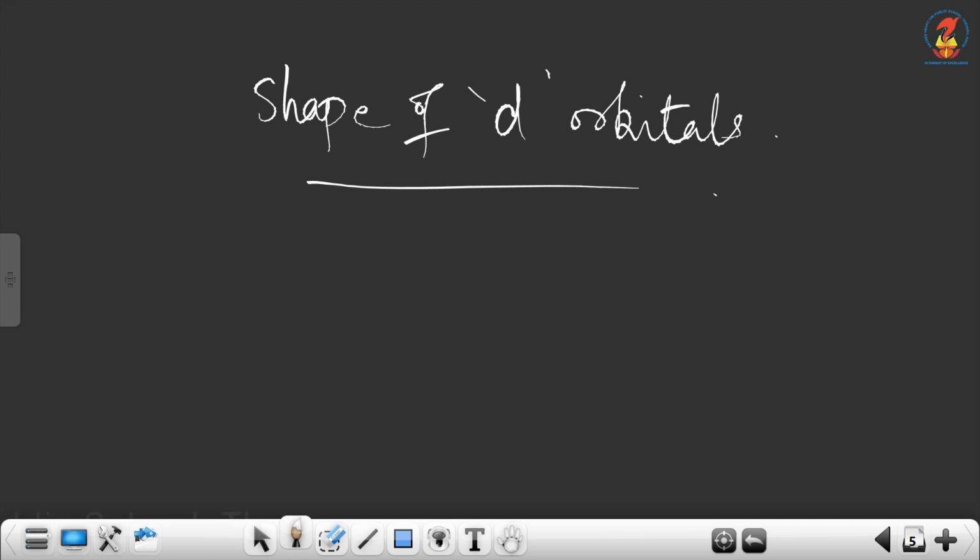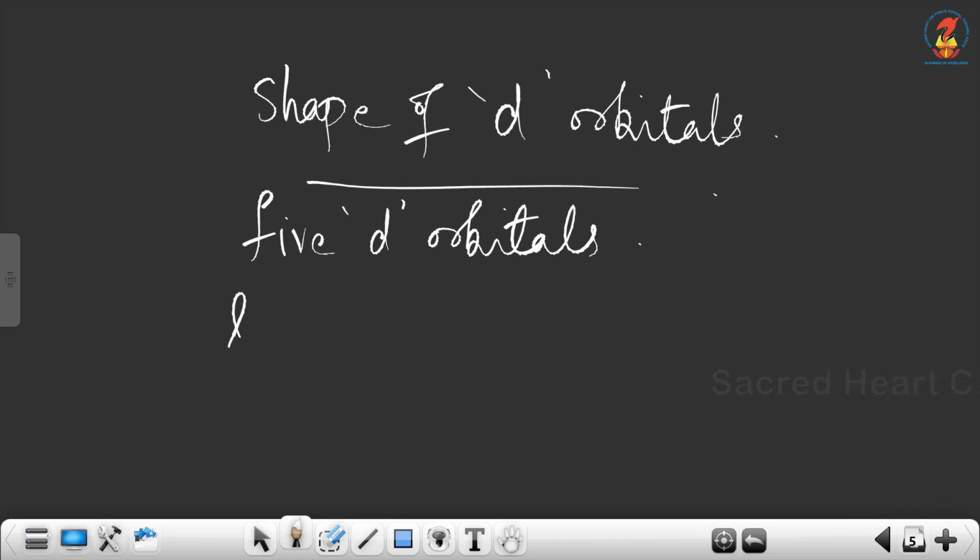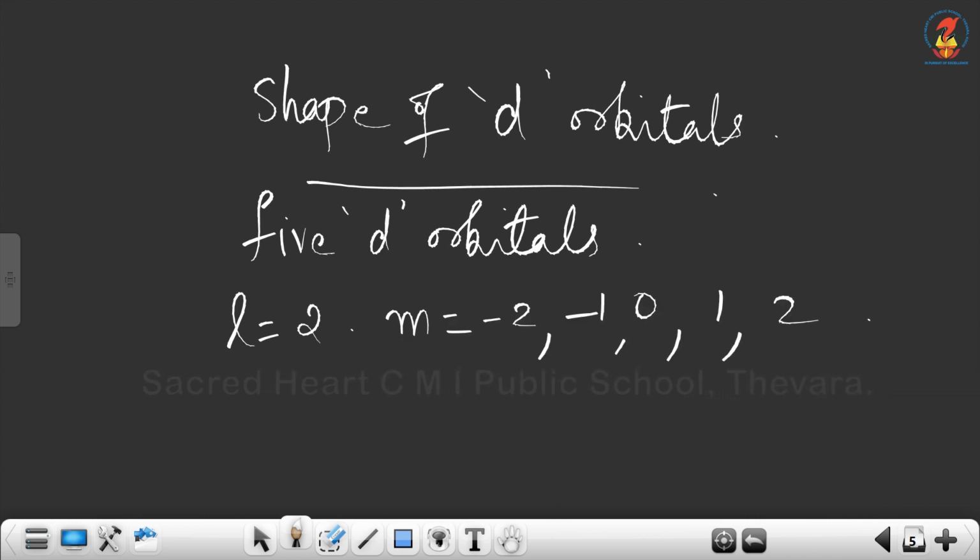Now we know that there are 5 d orbitals, because for s, p, d, l is equal to 0, 1, 2. For d, l is equal to 2, and we have m values of -2, -1, 0, 1, 2, which means 5 orientations are possible, and we have 5 d orbitals.